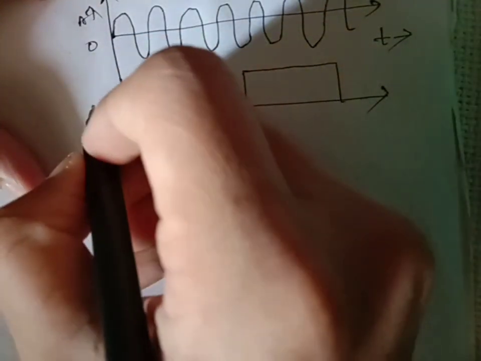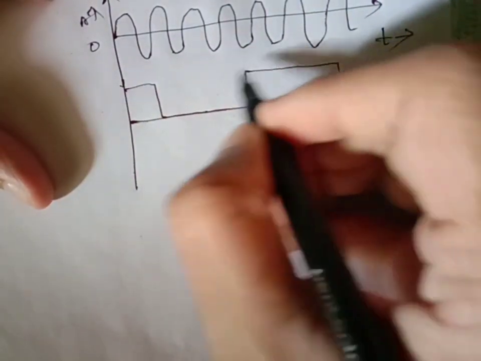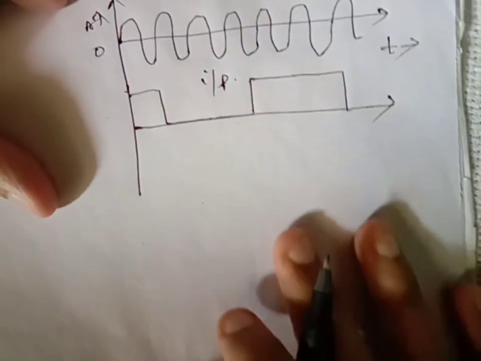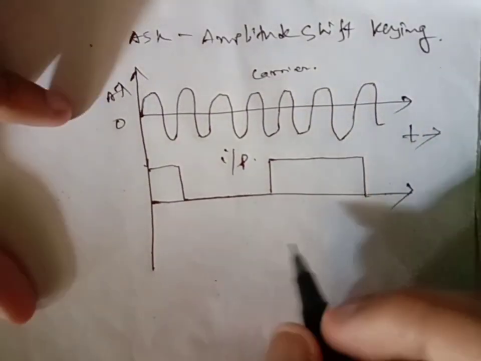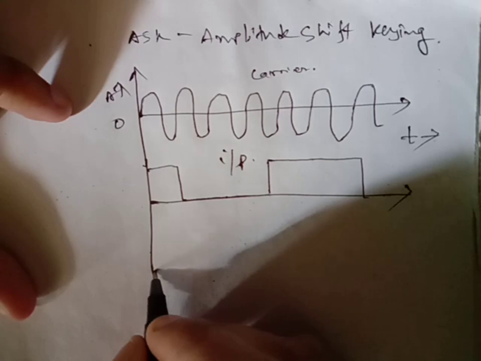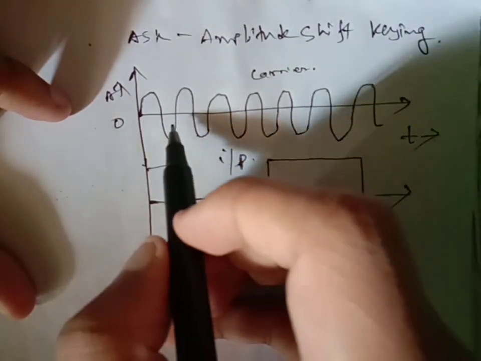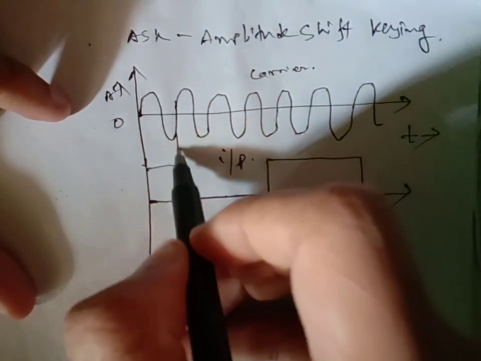This is the binary sequence input. This is the carrier. So the output after the modulation will be like this.